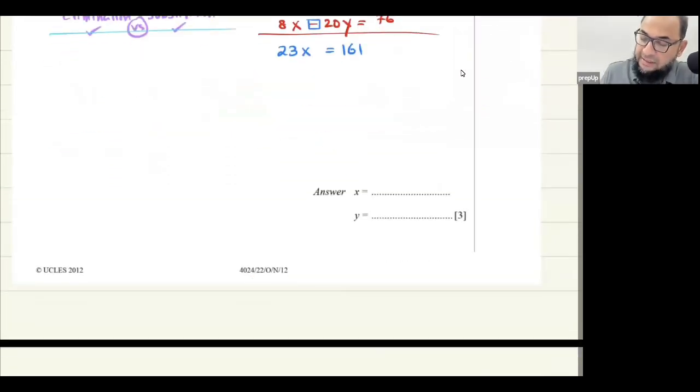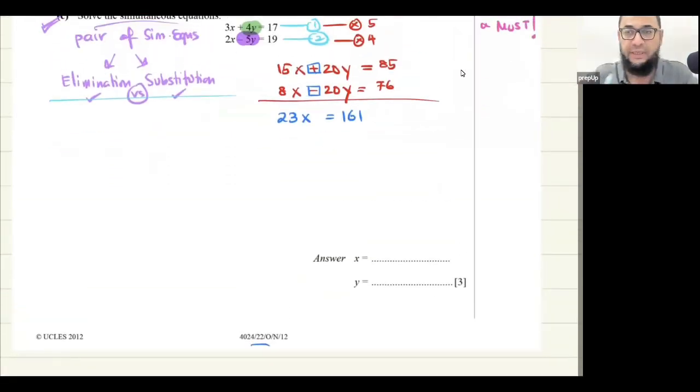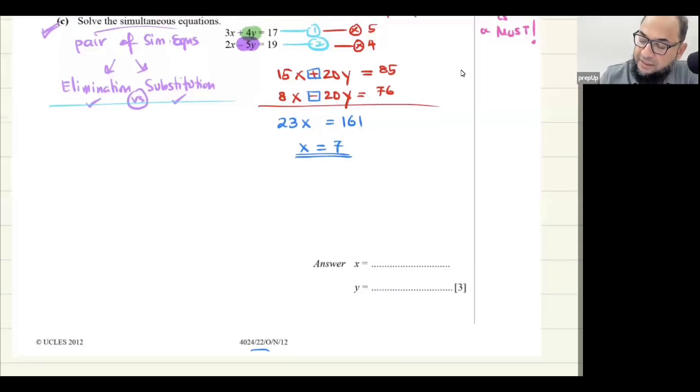Now keep in mind, this is paper 2, so that is why I'm grabbing my calculator. My phone is my calculator, and let me divide. First of all, let me double check. 85 plus 76, that's 161, perfect. Divided by 23, that comes out to be 7. So the value of x comes out to be 7, that is perfect.